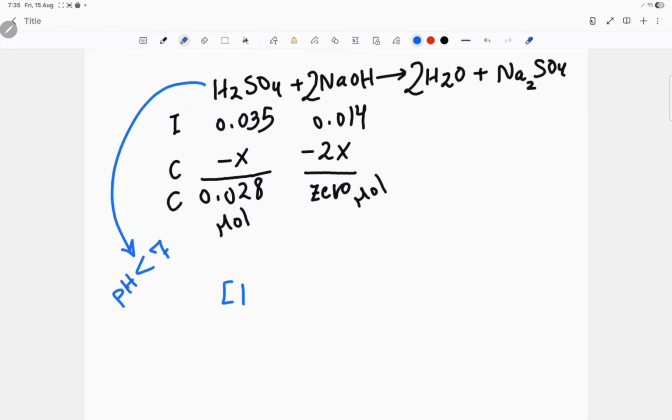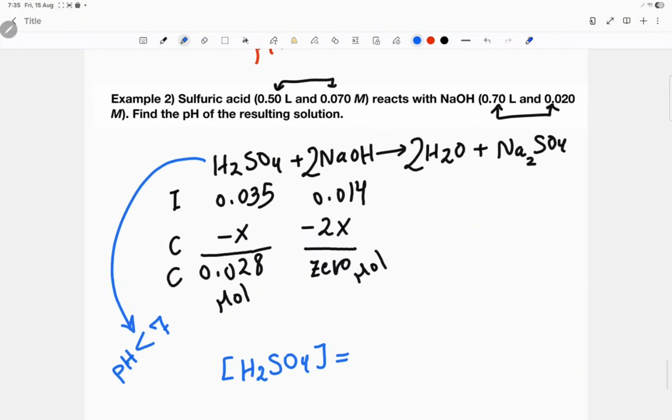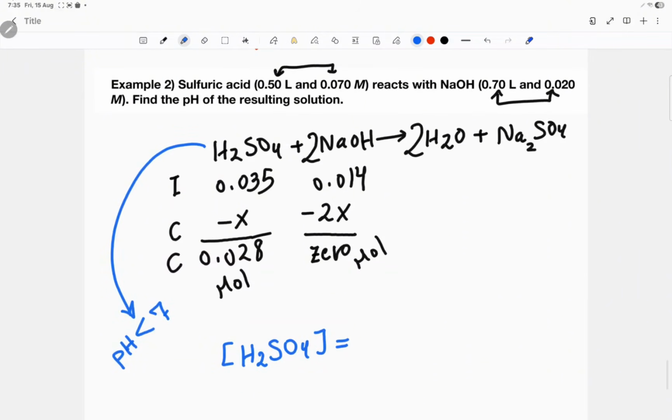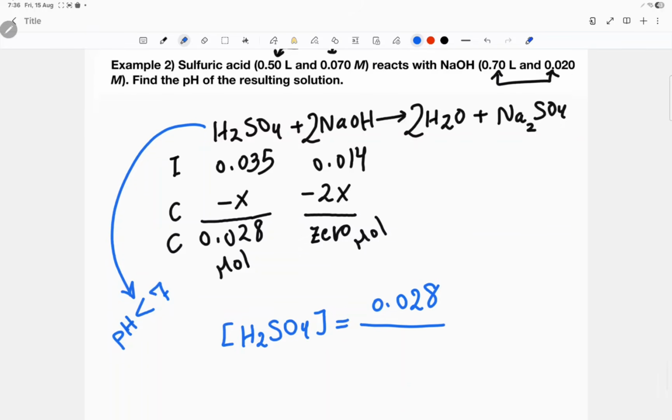Now, let's find the molarity of the H2SO4. You would divide the mole over the combined volumes.